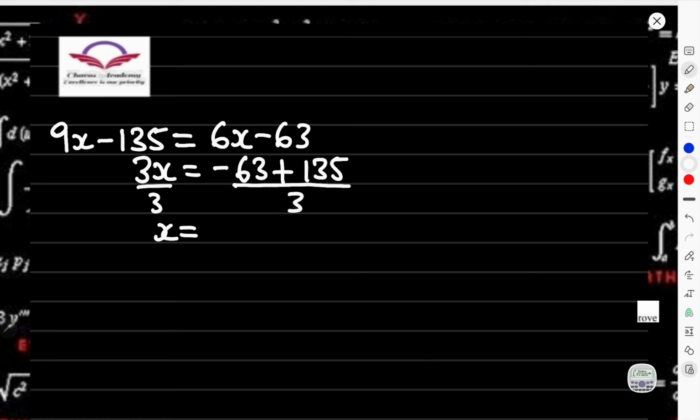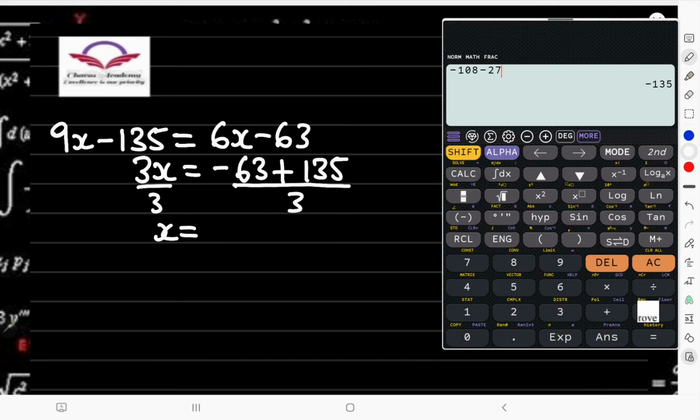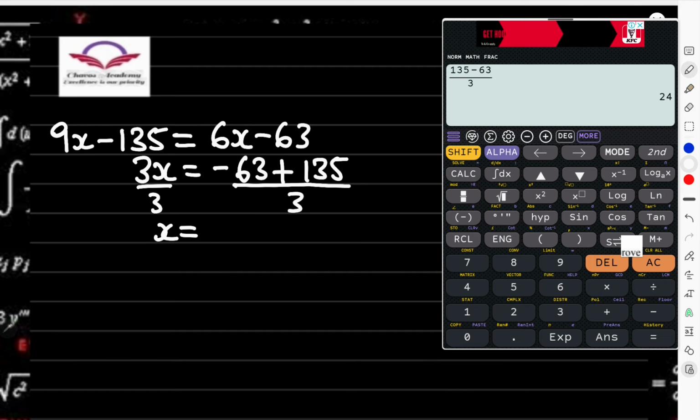X will then be 135 minus 63, over 3. The answer is 24. X is 24.